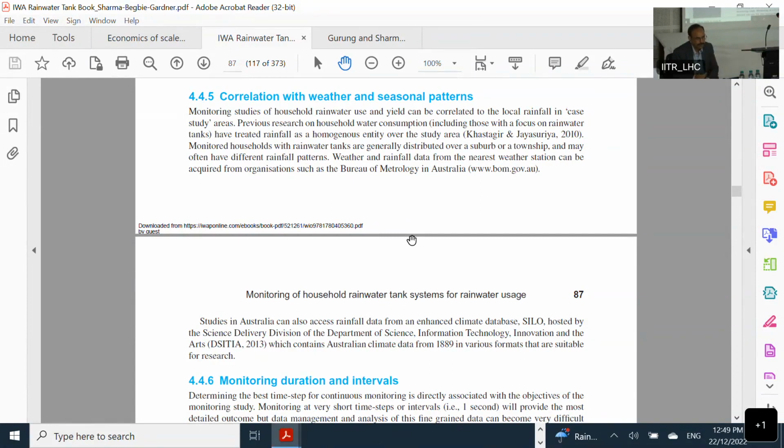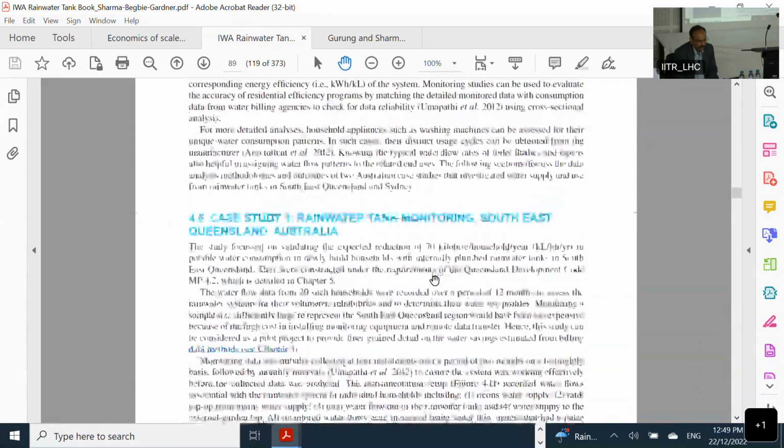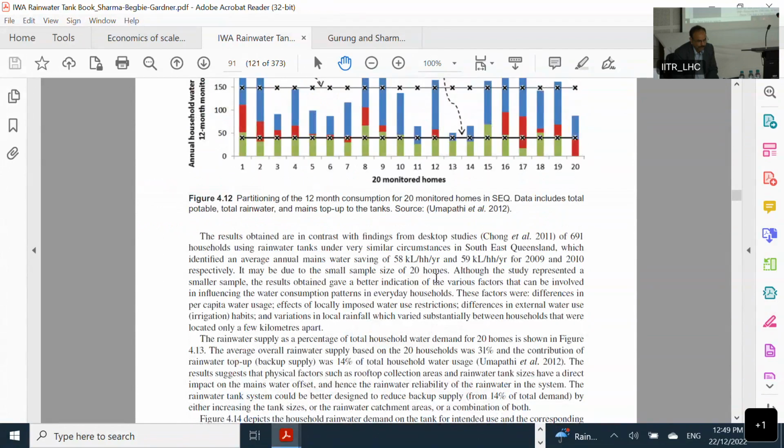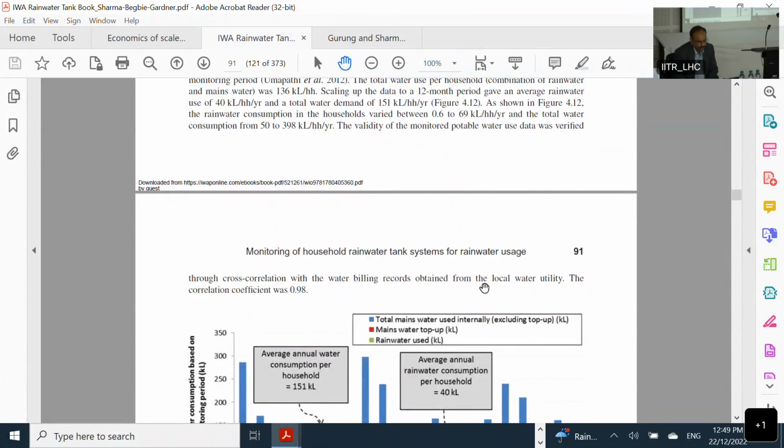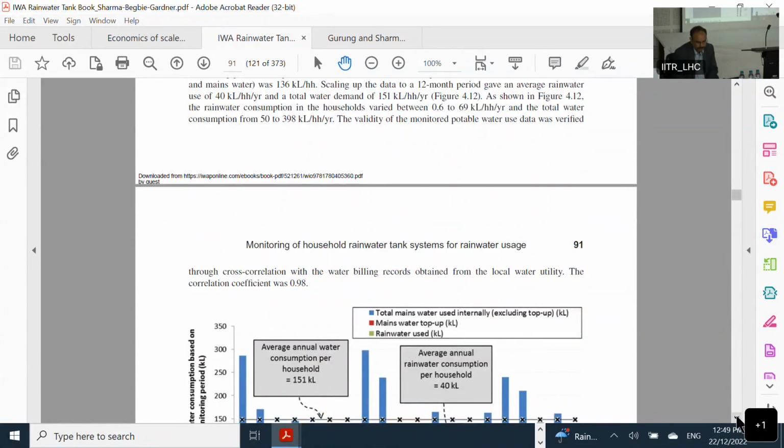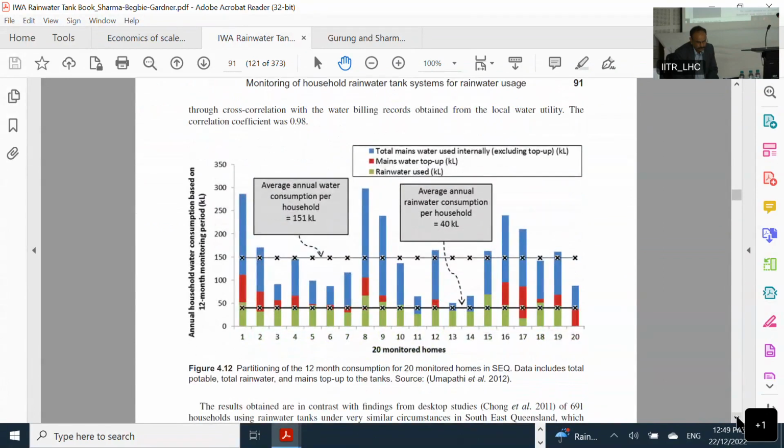You can see there is information about the questionnaires which were asked and the study that was conducted by a group of social researchers. This is just an outcome from the 20 homes which we monitored: how much water is being used from the rainwater tanks and from the piped water supply.